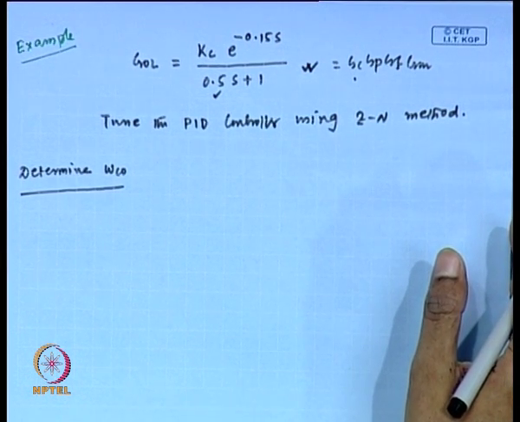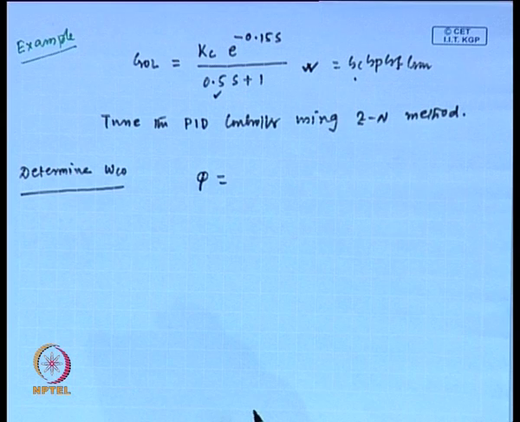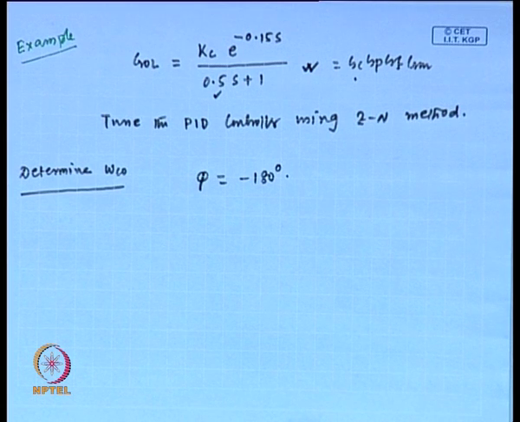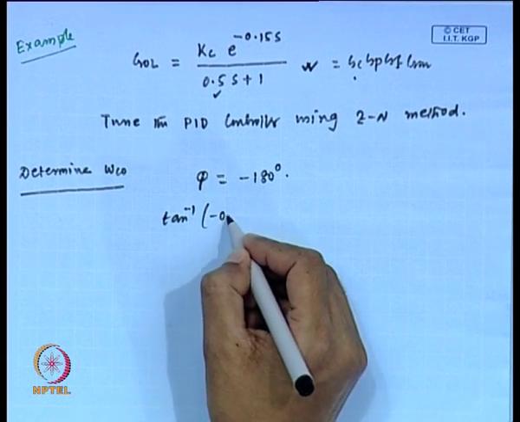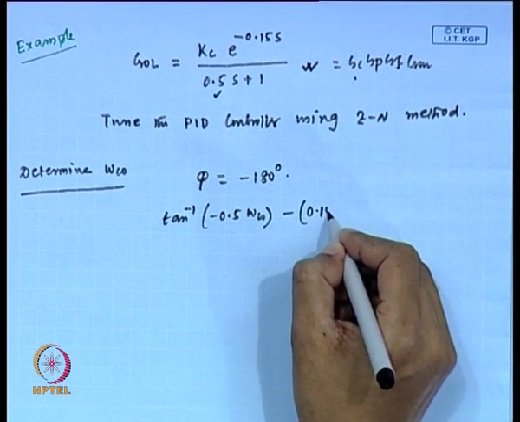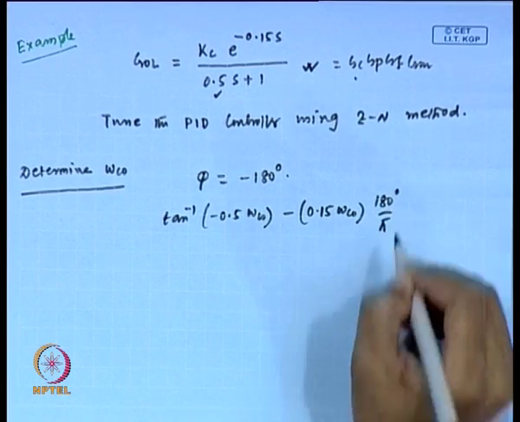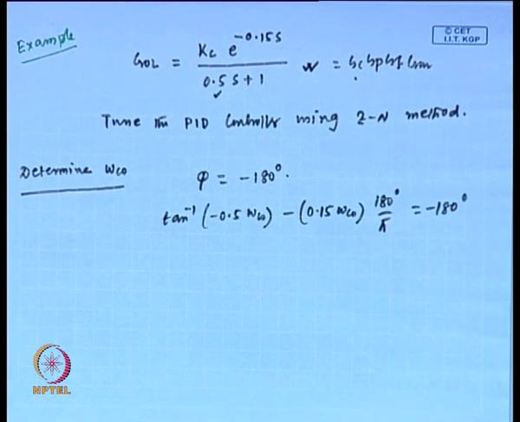First you determine crossover frequency. For determining crossover frequency, we write phi equal to minus 180 degree. What is the phi expression for the open loop transfer function given? Tan inverse minus 0.5 omega CO, minus 0.15 omega CO multiplied by 180 divided by pi, that is equal to minus 180.